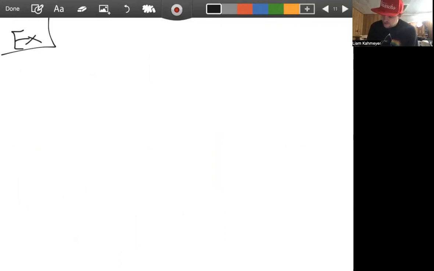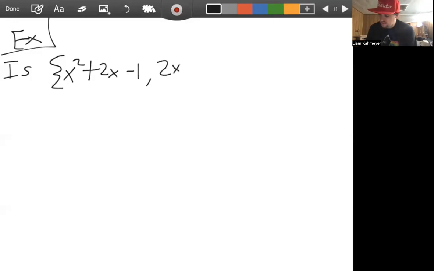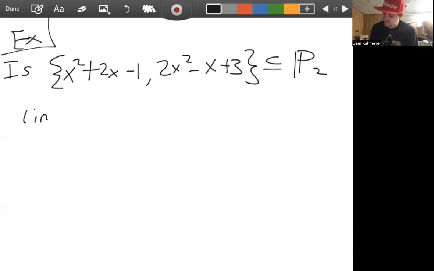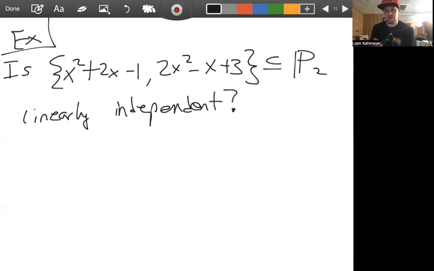Let's ask, is the set S given by x squared plus 2x minus 1, comma, 2x squared minus x plus 3, contained in P2, linearly independent? Well, what do we need to do?